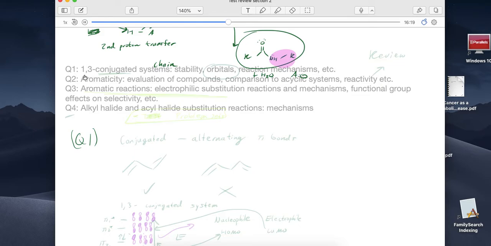Stability, orbitals, reaction mechanisms. So, let's see. What's the best way to do this? These do kind of build off of each other.